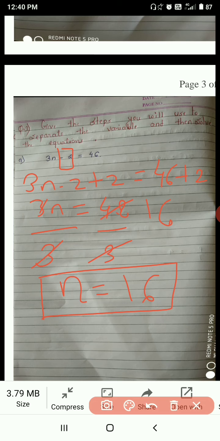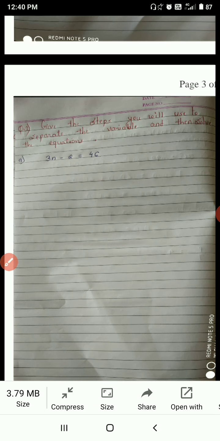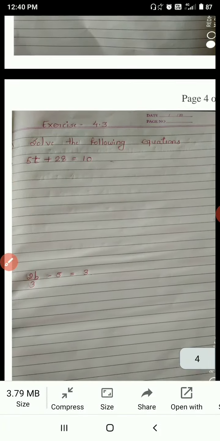I hope you understood the questions which I have solved. Okay. Then exercise 4.3. Now this is a new exercise, 4.3. Before that, you have to solve all the questions of exercise 4.2. After that, you will start exercise 4.3.